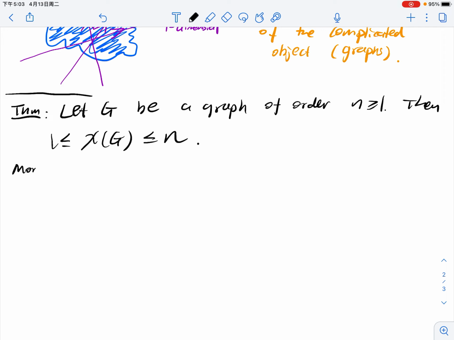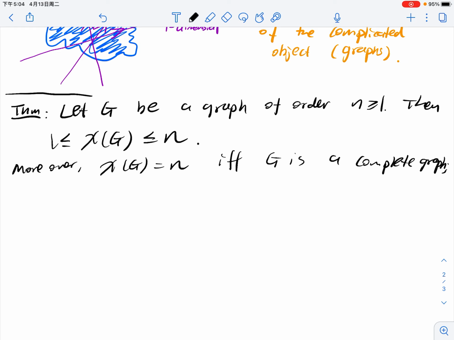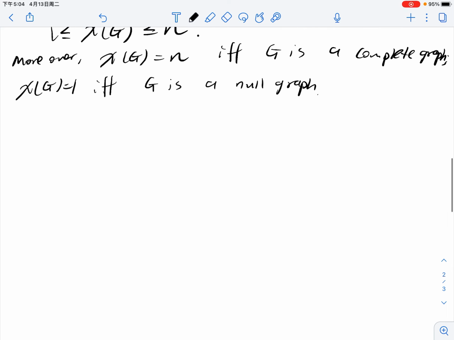And moreover, the chromatic number is n if and only if G is a complete graph. Chromatic number is 1 if and only if G is a null graph. And the proof is easy.